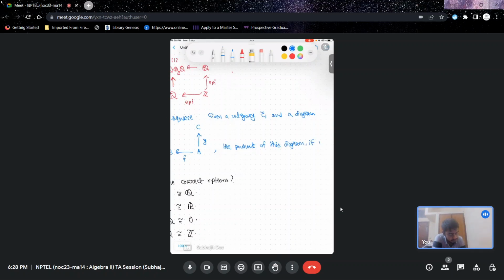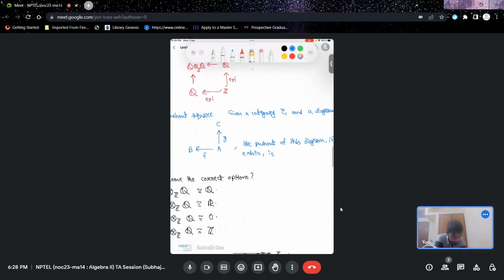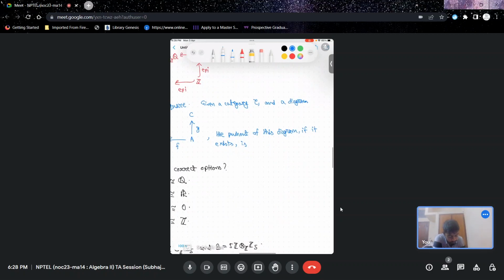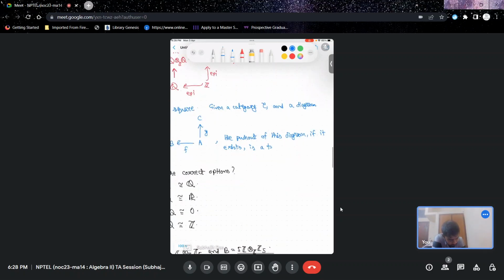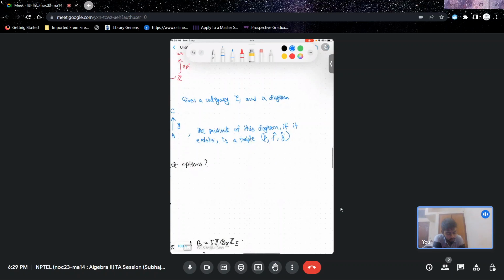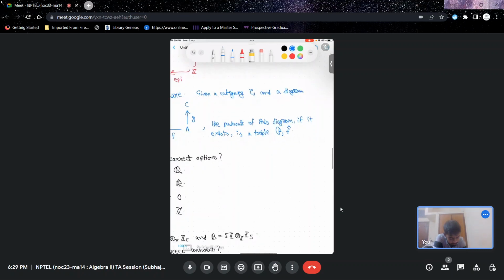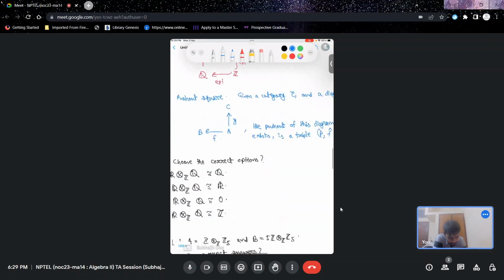if it exists, is a triple P, f hat, g hat. Okay, so what are the maps f hat and g hat? So P is an object in the category. f hat is a map from C into P, right?